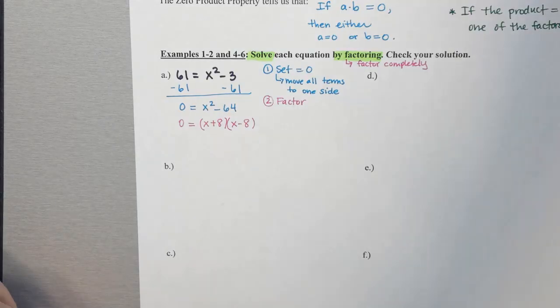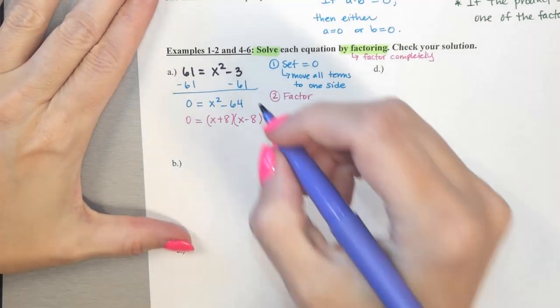Then the last step is showing the zero product property. For some of us that work very fast in our heads, we're going to have to slow it down a little bit and make sure we put in that last step where we are using this product property.